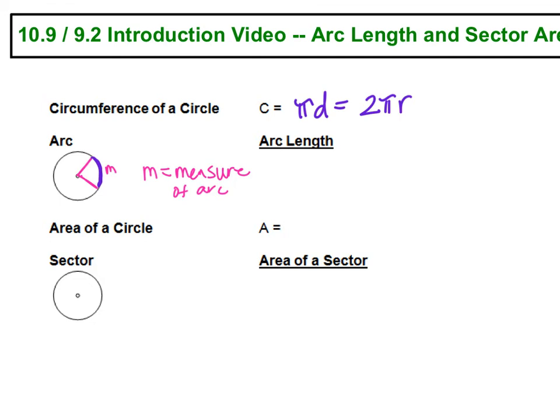So what we say is AL for arc length is equal to that measure of the arc divided by 360, and that whole thing gets multiplied by pi times your diameter. So basically what you're doing is you're taking the degree measure of the arc and multiplying it by the circumference. And that gives you the length of the arc.